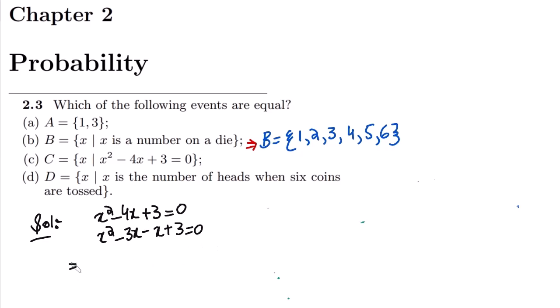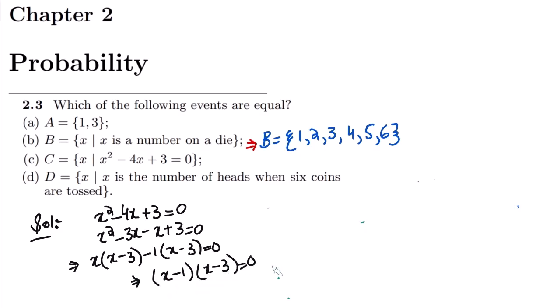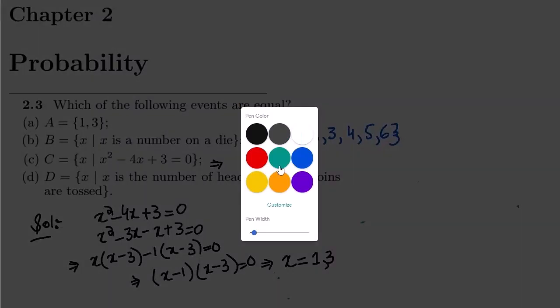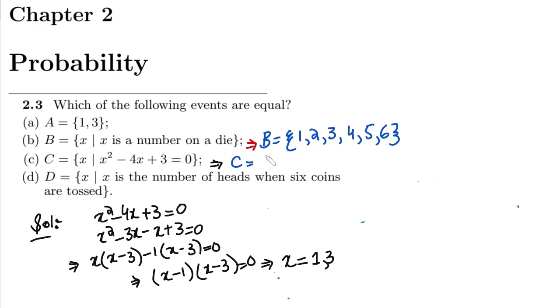Taking the common factors, x minus 3, and similarly minus 1 times x minus 3, equal to 0, which gives x minus 1 and x minus 3 equal to 0. Ultimately it gives me 2 points, which are 1 and 3. So C would have the values 1 and 3. So this is set C.